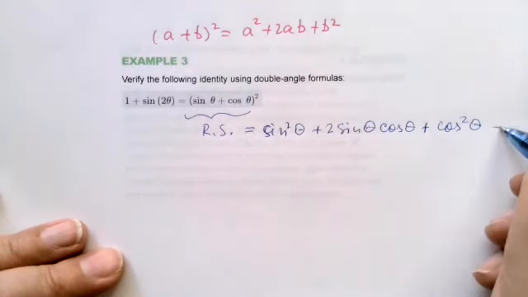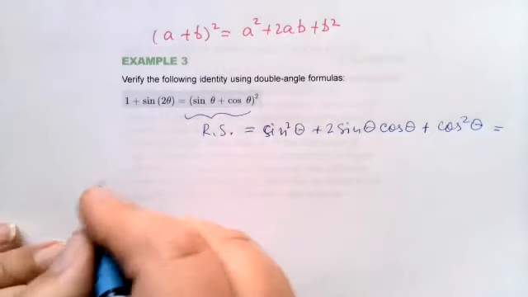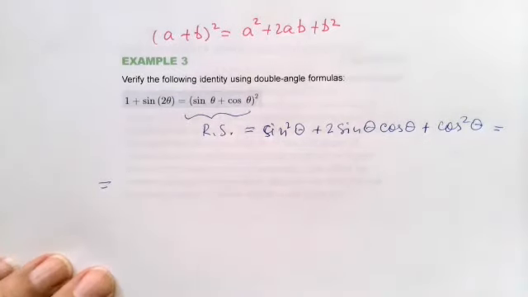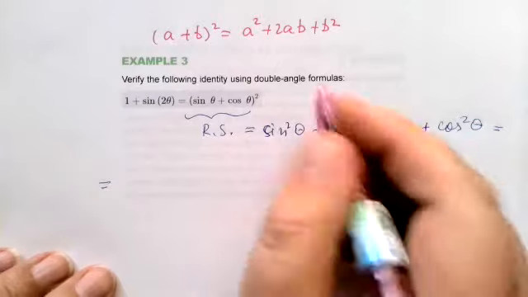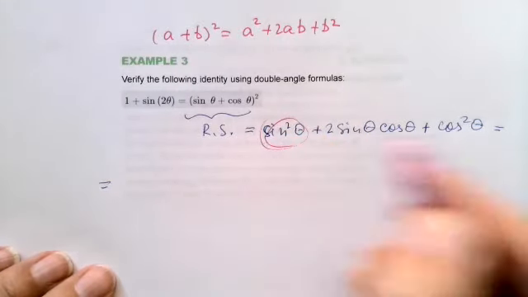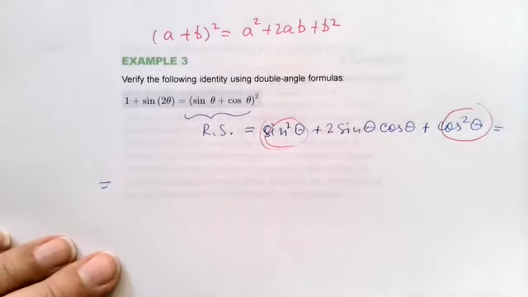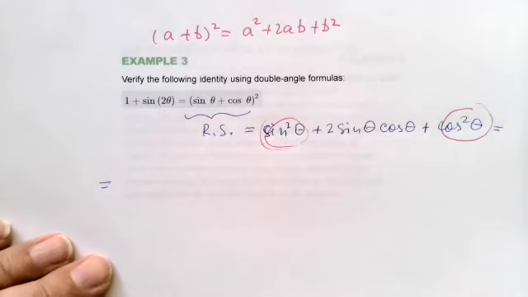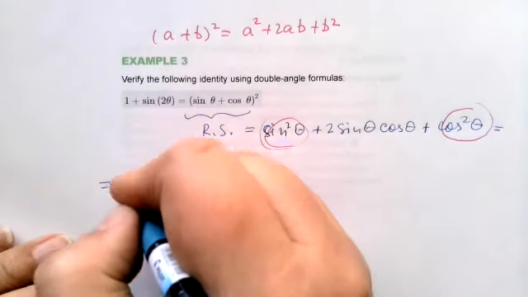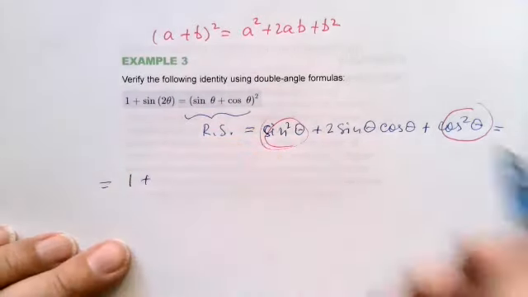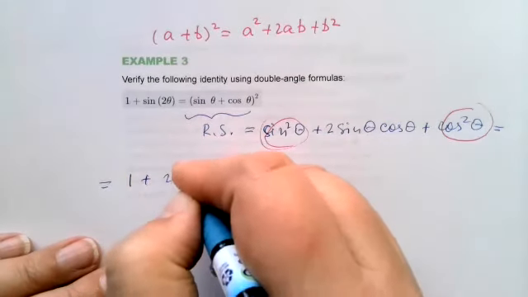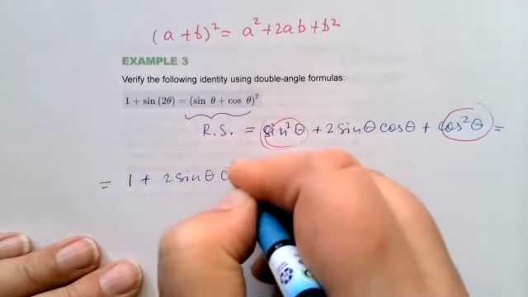All right, so that's our right side. Now notice that if I add sine squared and cosine squared, that's our Pythagorean identity. So that's going to be equal to 1. So I have 1 plus 2 sine theta cosine theta.